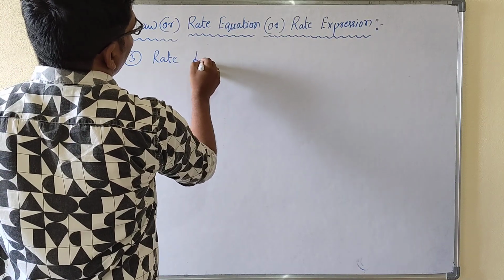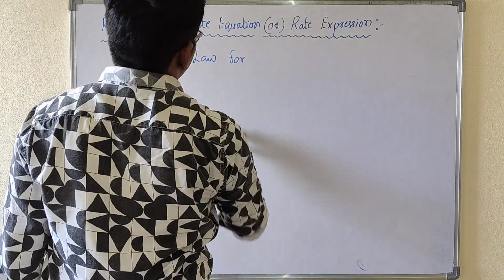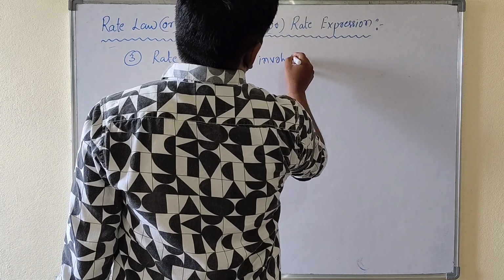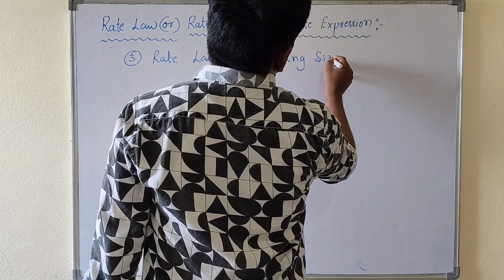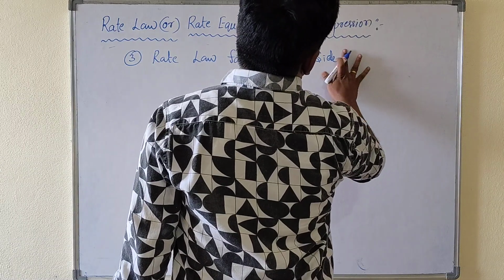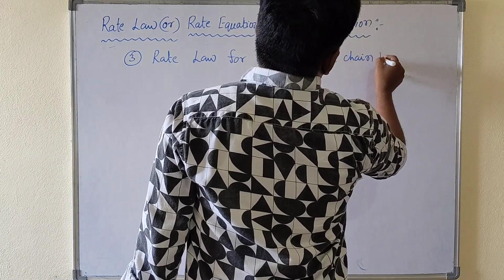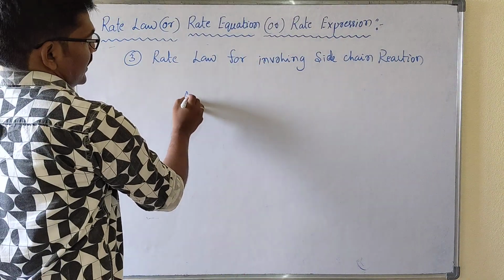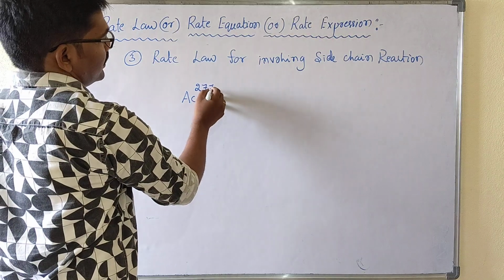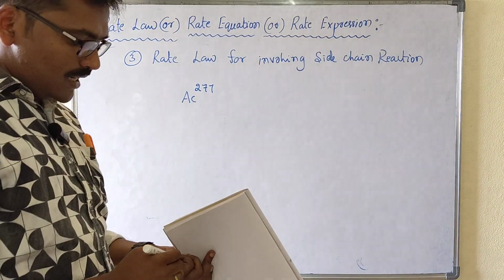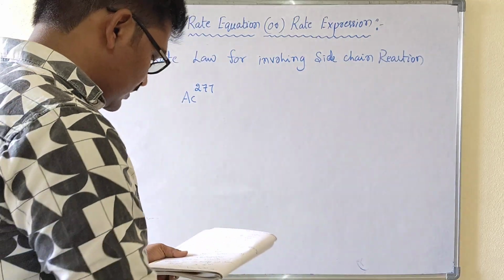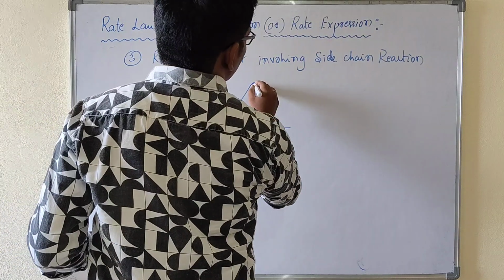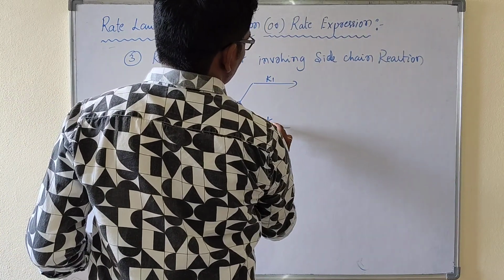Rate law for involving side chain reactions. See, look at, for example, actinium 227, it is one of the radioactive elements. This has two side chain reactions, one is K1, then one is K2.